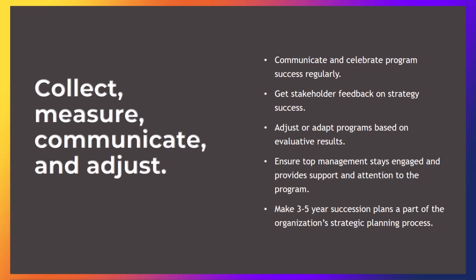Get stakeholder feedback on strategy success. Adjust or adapt programs based on evaluative results. Ensure top management stays engaged and provides support and attention to the program. Make 3 to 5 year succession plans a part of the organization's strategic planning process.